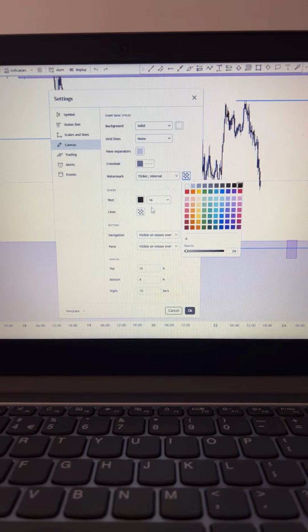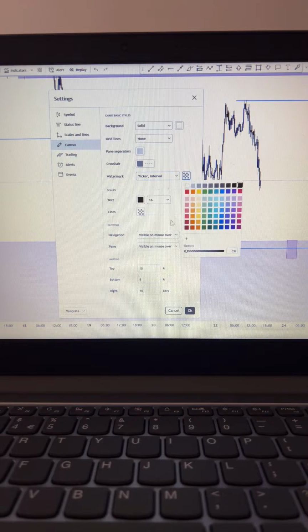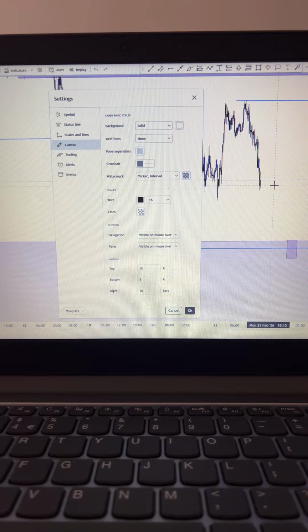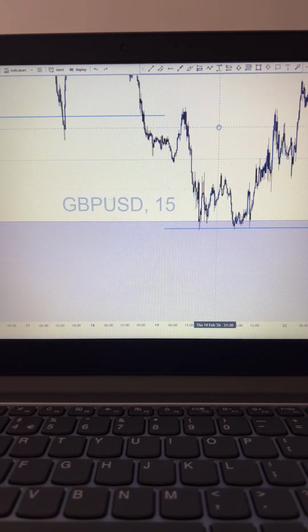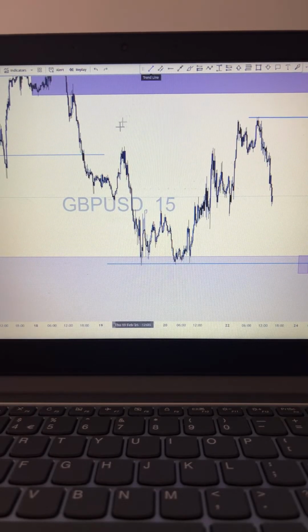Okay, let me highlight the watermark the pair so that you guys can see for those joining. So this is 15-minute chart, like I was saying. 15 minutes are giving us a change of character to the upside.